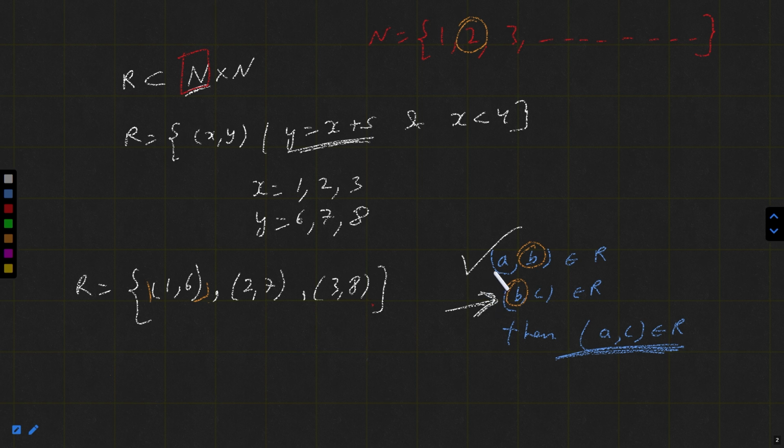But let's say if it is not transitive, this means (a, b) belongs to R, yes, (b, c) also belongs to R, yes, but (a, c) does not belong to R. Is there any pair such that this happens and this also happens?